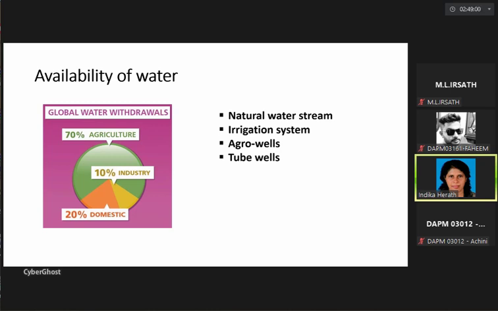So sometimes we use groundwater using agro wells or sometimes tube wells. Those are used to extract water. When we talk about extracting water, how efficient is our system?